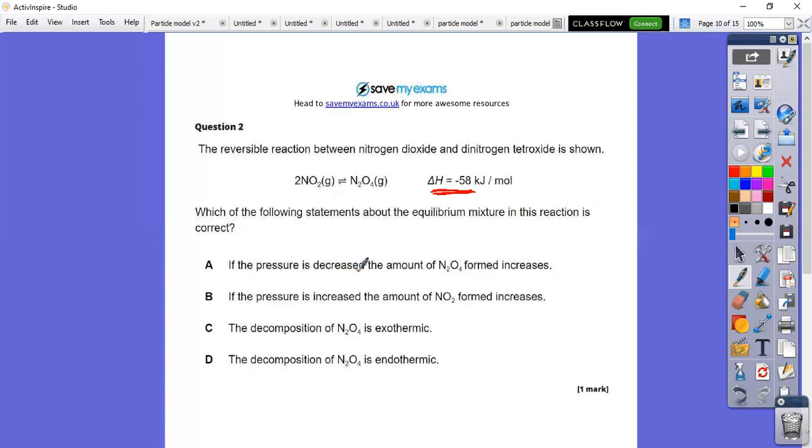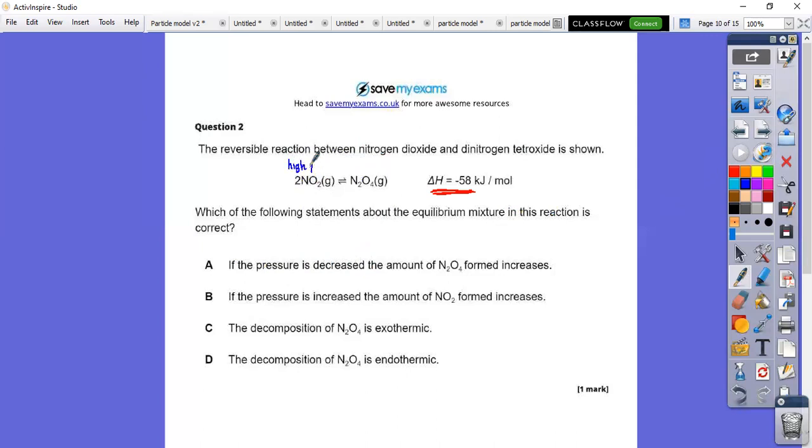If the pressure is decreased, by the way, let's just label a few things here, shall we? If we just look at high pressure and low pressure, which side is high pressure, which side is low pressure? Going this direction is high pressure.